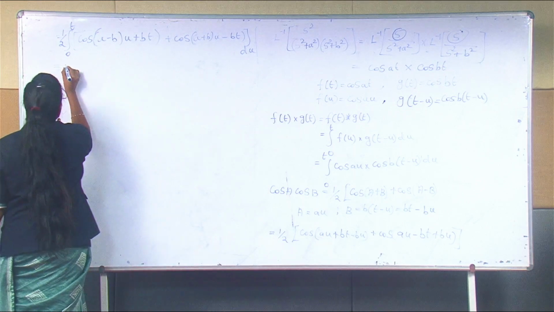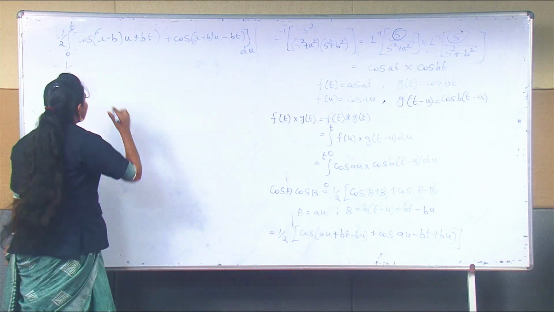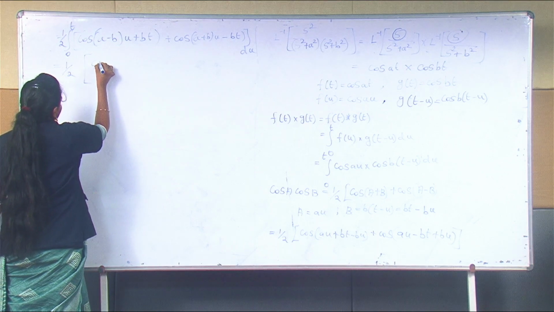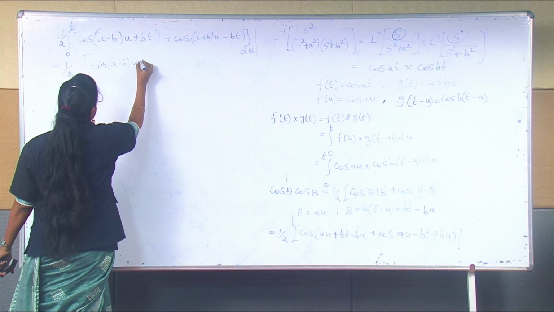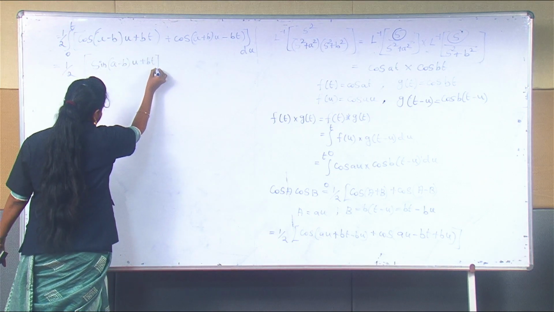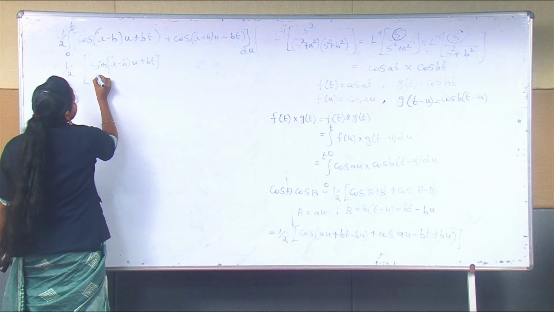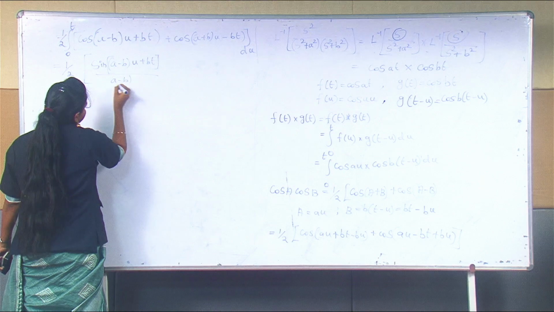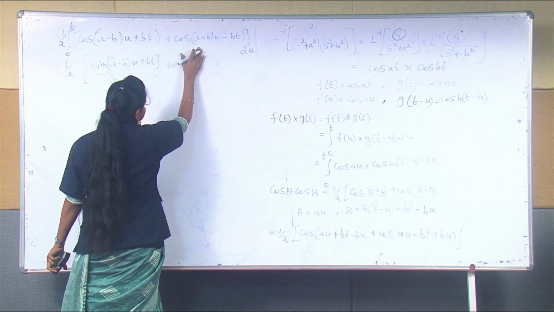Here what is the integration? We know integration of cos is sine. I am going to use that only. Sine of A minus B into u plus bt, which is inside the function sine, divided by, here coefficient of u is A minus B. Okay. Similarly, we are coming to this term.